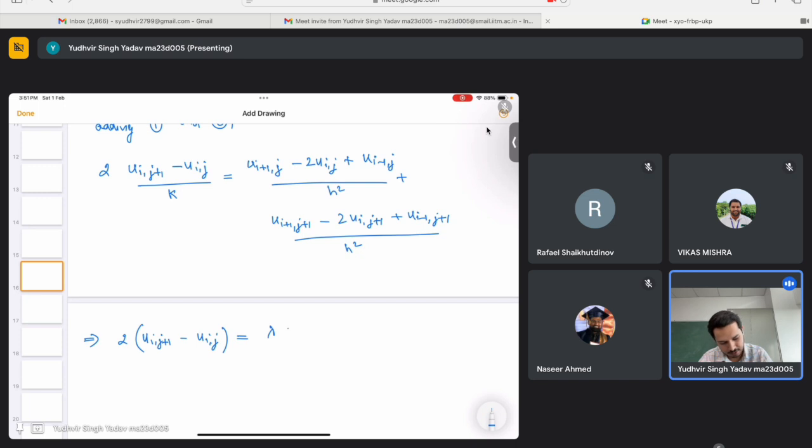So it will be lambda u i plus 1 j, minus 2 lambda u i j, plus lambda times u i minus 1 j, plus lambda times u i plus 1 j plus 1, minus 2 lambda times u i j plus 1 and lambda times u i minus 1 j plus 1.